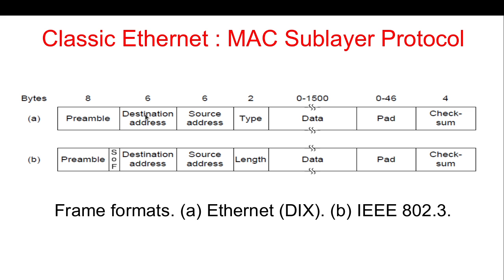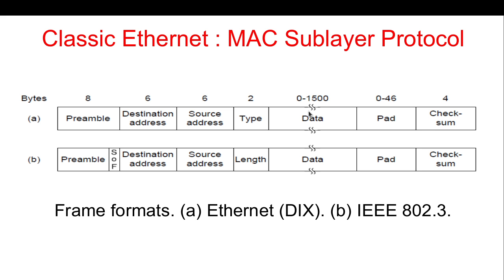So if you consider the constant portions of the frame, there are 6 bytes of destination address, 6 bytes of source address, 2 bytes of type or length, and 4 bytes of checksum. They are fixed. So in all, 6 plus 6, 2 and 4, 18 bytes are fixed.